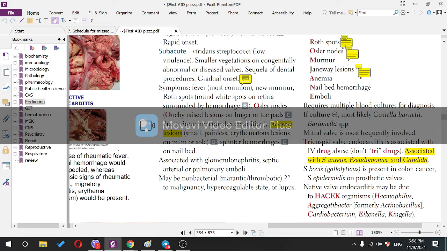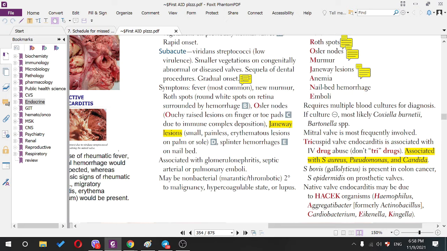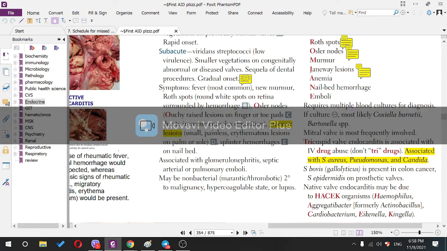What about Bartonella? What gives us Bartonella, guys? Yep, kitty, exactly, from cats. So, you must know about these. They lead to culture negative endocarditis. Guys, just for fun, what is the treatment of Bartonella?